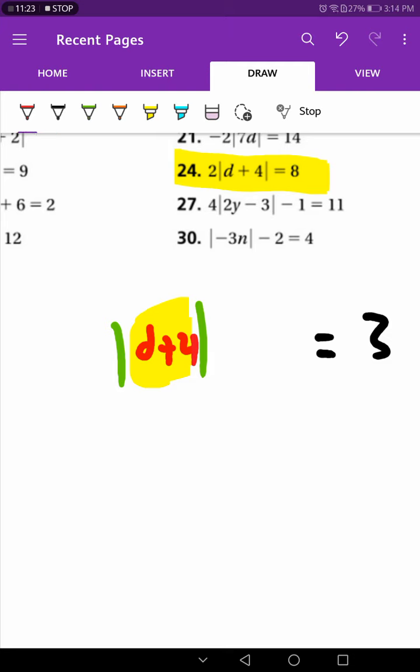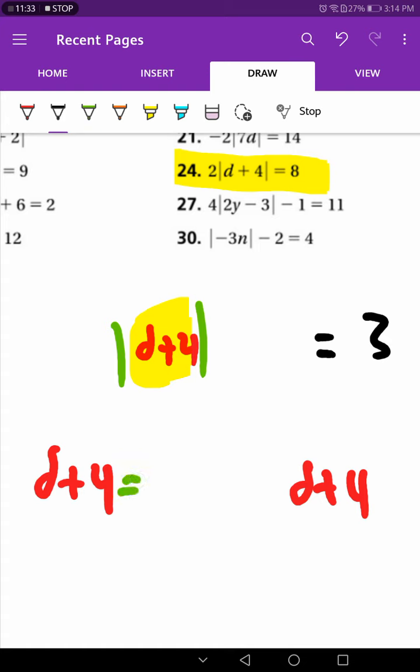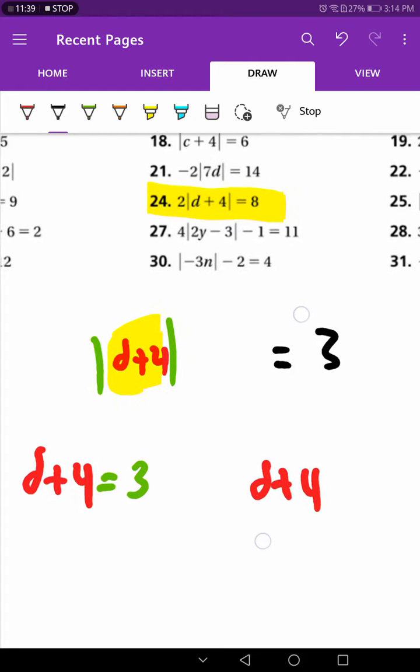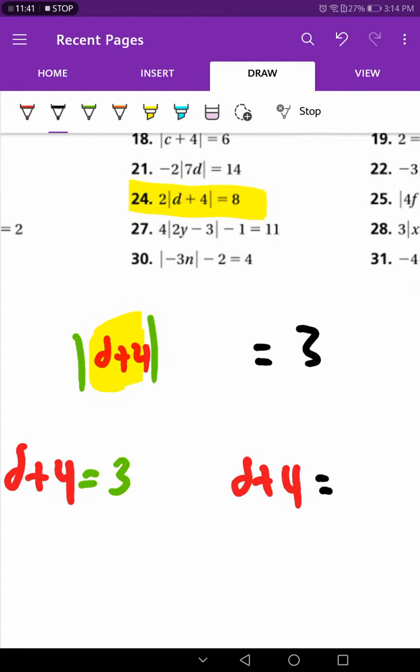So you write it 2 times, d plus 4 here and d plus 4 here. And the first value equals 3, and the second value equals -3.